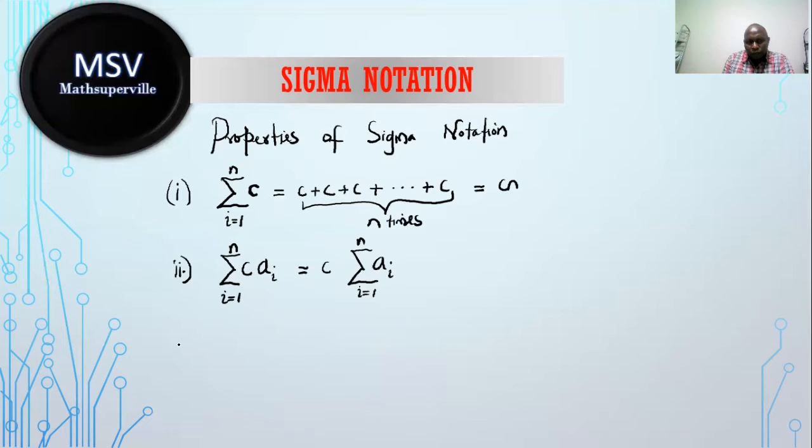The third rule is, I will condense this, the sum and difference rule of summation, or of sigma notation.